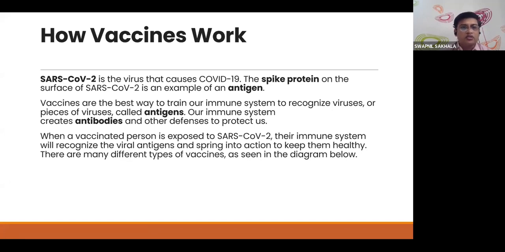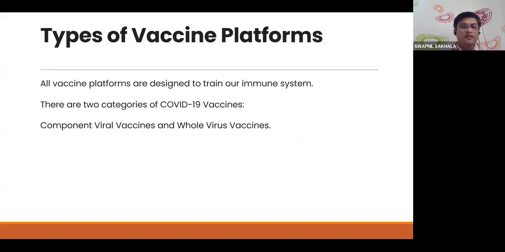So vaccines are there to train our immune system, which can recognize viruses or a part of viruses, so that they cannot cause any inflammatory surge in our body. So whenever the vaccinated person is exposed to the SARS-CoV virus, our immune system will recognize this viral antigen and spring into action to keep us healthy. So different kinds of vaccines are there. I'll show you in the diagram.